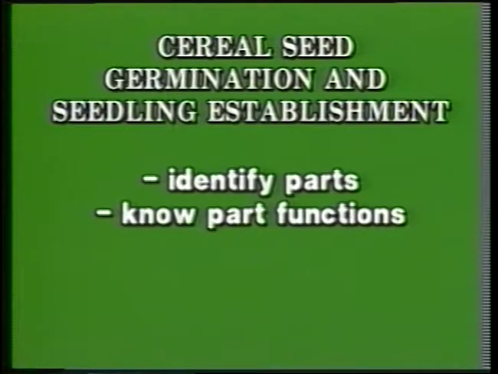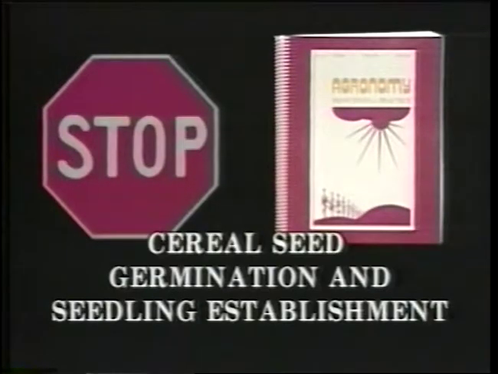A study of this anatomical information will give you a better background to troubleshoot field production problems occurring during the early stage of plant development. You should now stop the VCR and study the section on cereal seed germination and seedling establishment in your text. Then come back to the VCR for further tutoring.